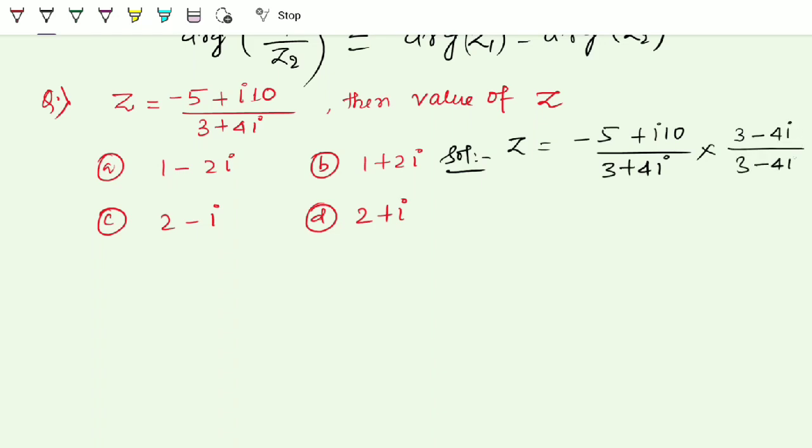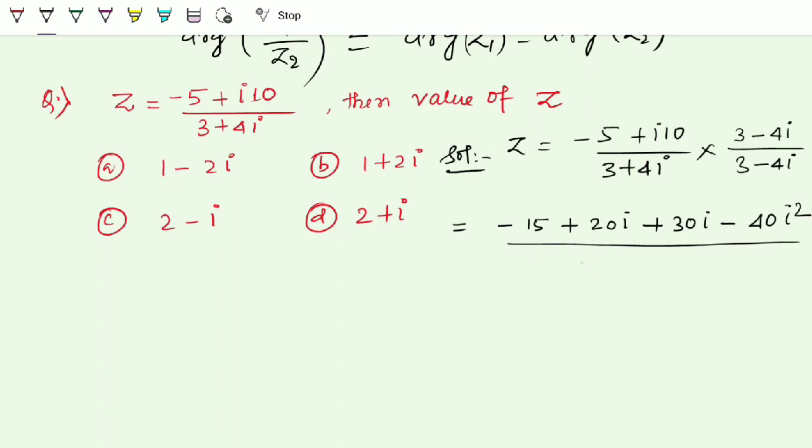On multiplication we'll be getting -15 plus 20 iota plus 30 iota minus 40 iota square.